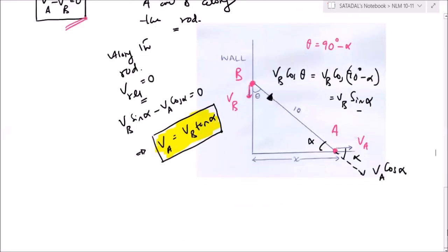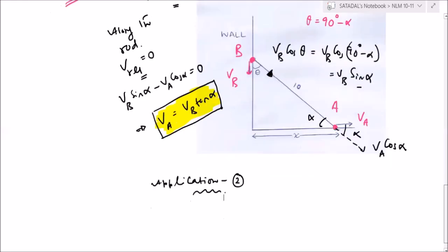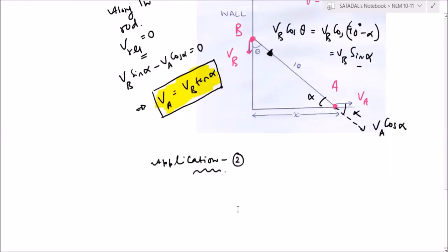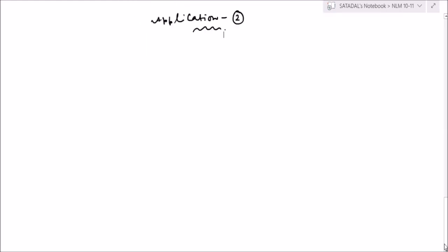Okay, let's go for application 2. Now in application 2 also, I will work out method 1, method 2, both, so that you become perfect with both the methods. So here, what I'm going to take, a fixed pulley is there.